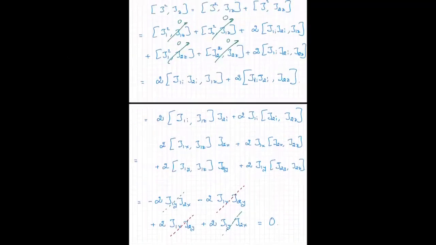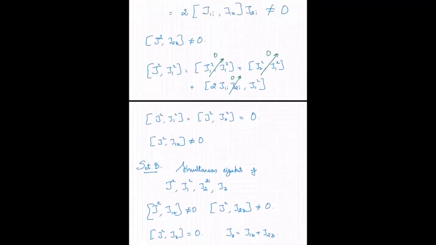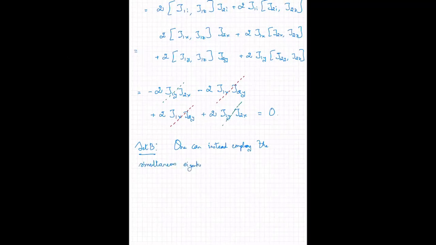So there is another set of 4 maximally commuting operators that I can write down, and these four operators are set B. One can instead employ the simultaneous eigenkets of j square, jz, j1 square, and j2 square as the basis kets of the direct product space.